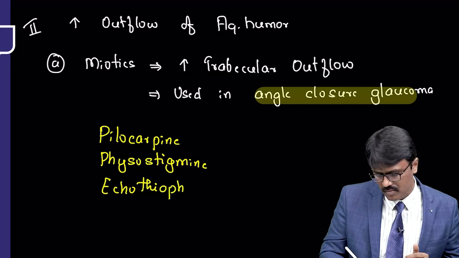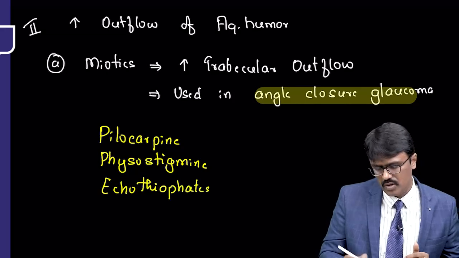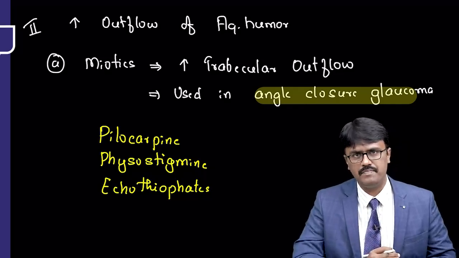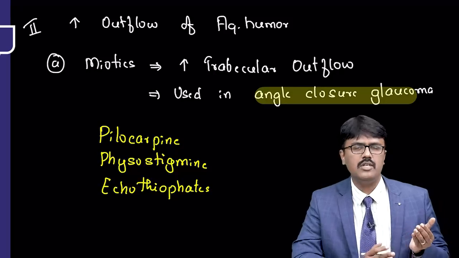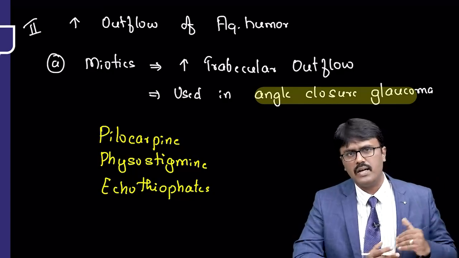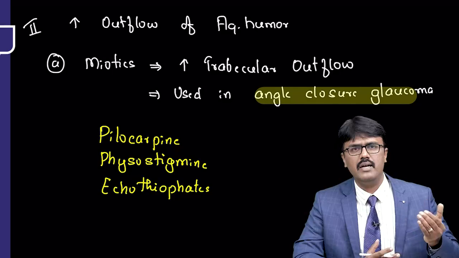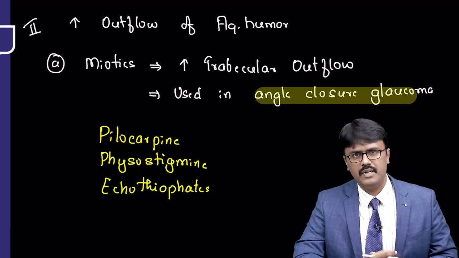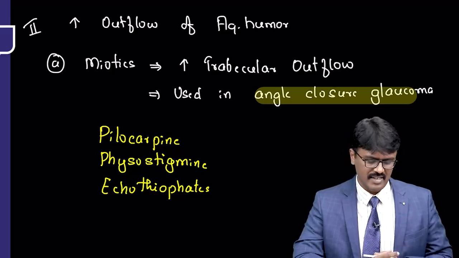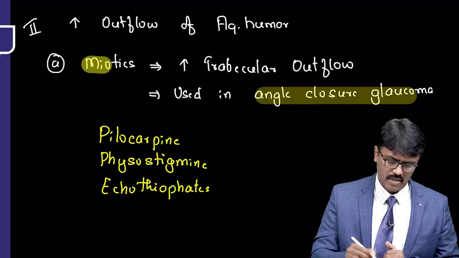So these are the miotics. Usually miotics are the first choice of drugs for angle closure glaucoma. But the treatment of choice for angle closure glaucoma is to remove that adhesion, to open that angle. That is the surgical management that will be dealt with in ophthalmology. But drug-wise, miotics are the first choice.